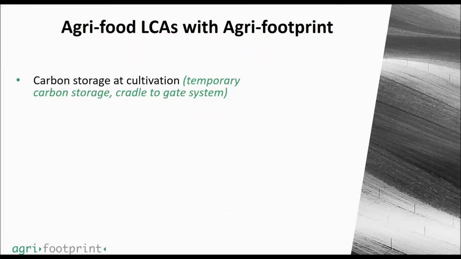So the life cycle we are looking at is taking place within a short-term carbon cycle. So we consider that the carbon dioxide uptaken by crops during growth is eventually emitted back to the environment as a recycling process. This is in line with the LCA methodology and impact assessment methods.